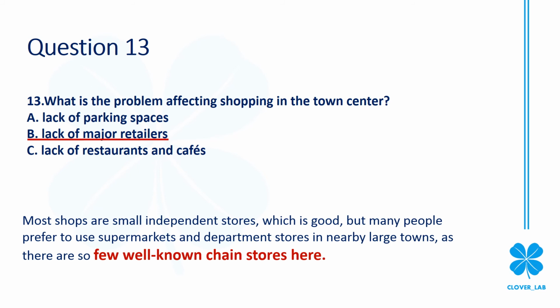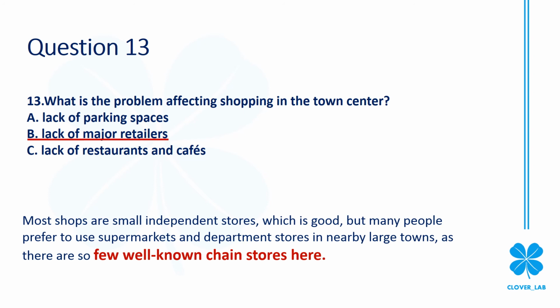Well, again, the letters A and C are distractors, and the speaker didn't explicitly mention that lack of restaurants or parking spaces is the core factor behind the shopping problems faced by dwellers in Barford. The speaker just added off-topic or just extra information by mentioning restaurants and parking just to trick you guys. So next time, be careful with that.